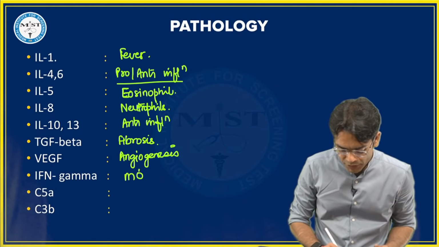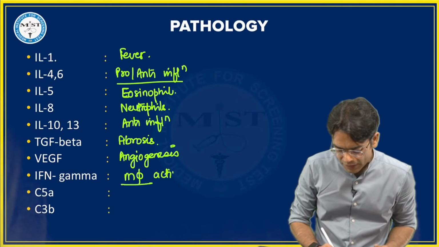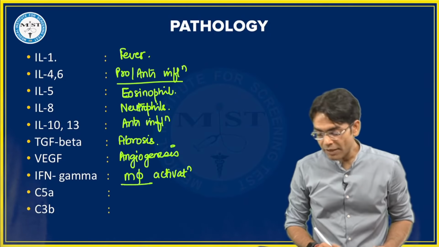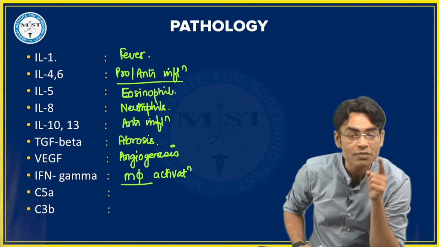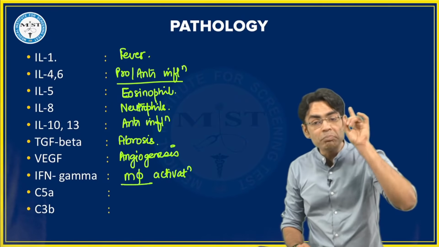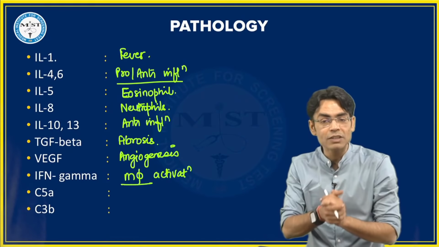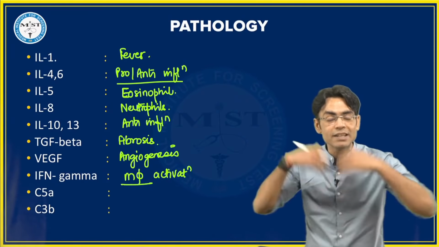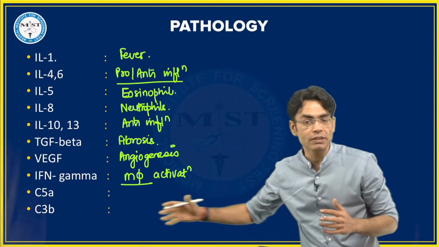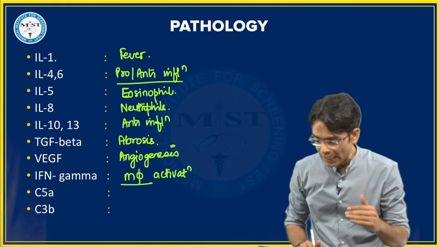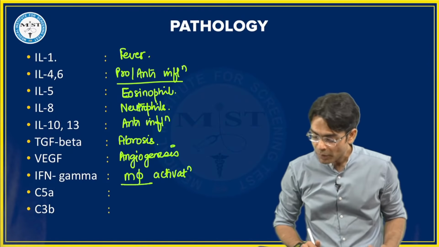Interferon gamma, you have just told me, is for macrophage activation. C5a, we just talked about it. What is C5a used for? In the complement system, there are multiple mediators like C5a, C3a, C4a. All these will do the same thing. But the most important, if they ask you, is going to be C5a. And for C5a, tell me the answer quickly.